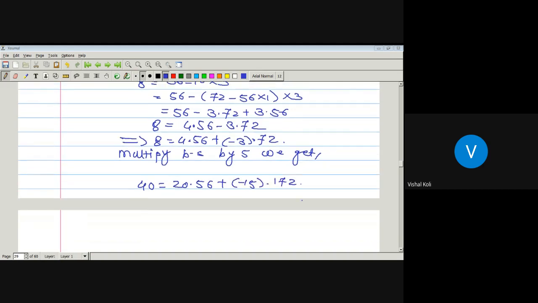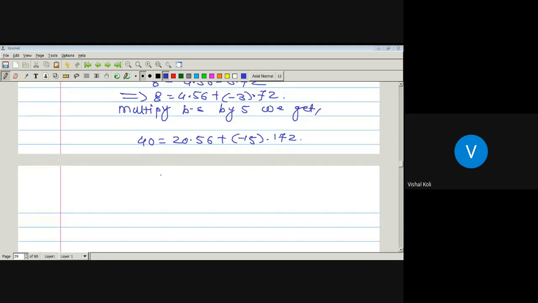So now what are the values of x0 and y0? x0 is 20 and y0 is minus 15.